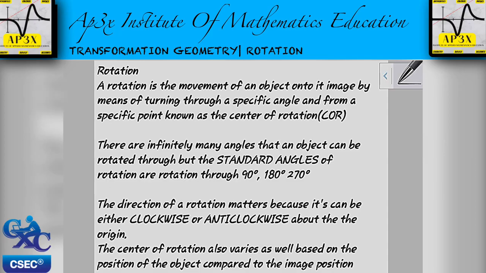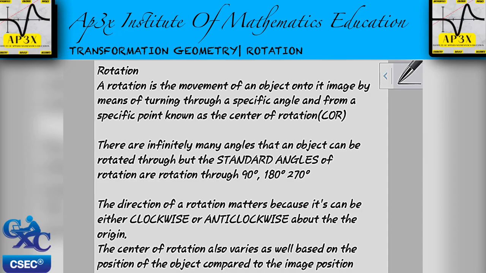You must consider the angle through which the object is being rotated. We refer to that as the angle of rotation. You must also bear in mind where the object is being rotated from, and that is what we refer to as the center of rotation. And of course, here's where the tricky bit comes in. You must be aware of the direction that you're rotating the angle through.